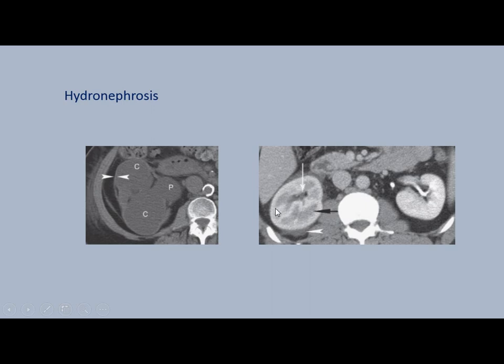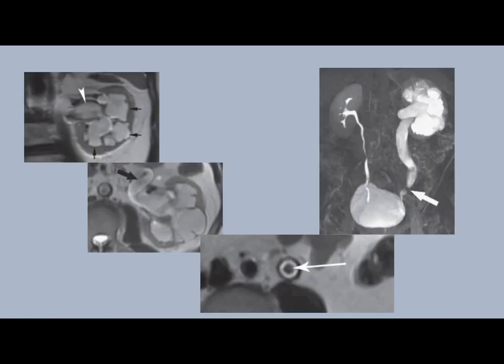Here again, due to the obstruction, there is enhancement of the cortex, but there is delay of the excretion of the contrast if you compare to the left side, and there is edema, and the medulla is still not enhancing. Well, this is due to persistent dense nephrogram due to obstruction.